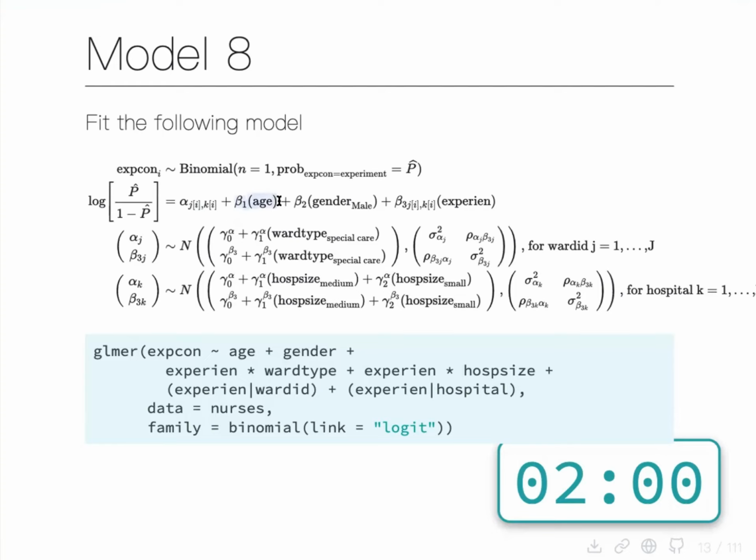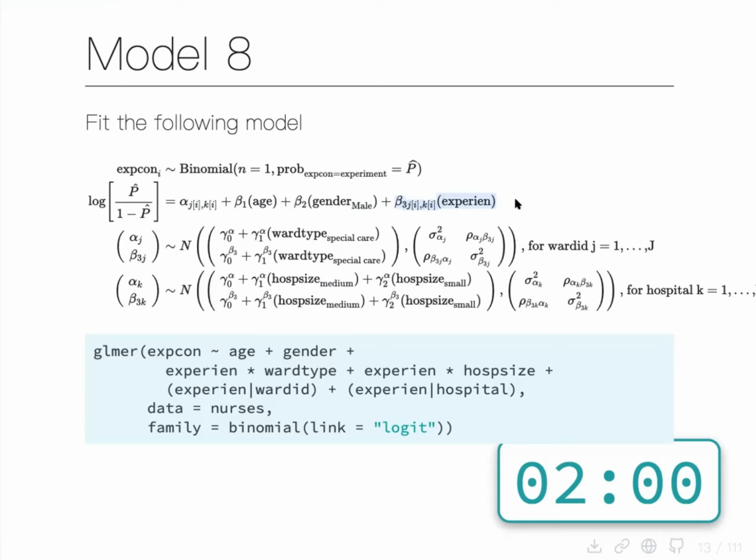And so for age and gender, we're going to say there's one slope. That one slope is assumed fixed across all wards and across all hospitals. All right, whereas experience, we're going to say is randomly varying. So that slope, you can think of it as like a massive interaction, basically. Experience has a different slope for every single ward, not ward type, but every ward and every hospital.